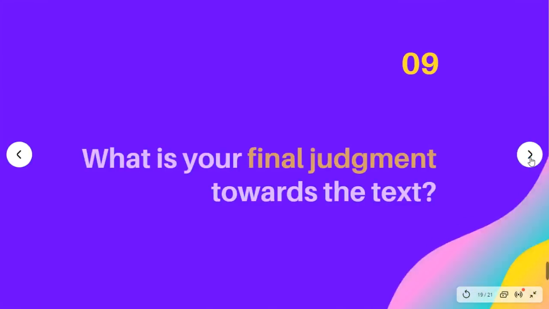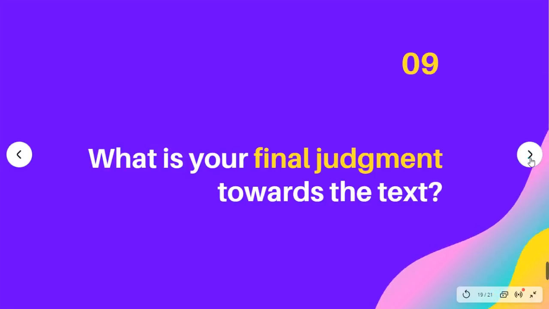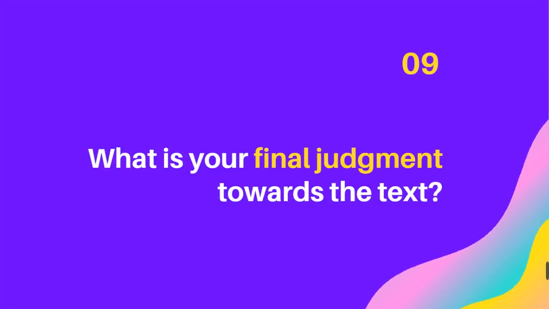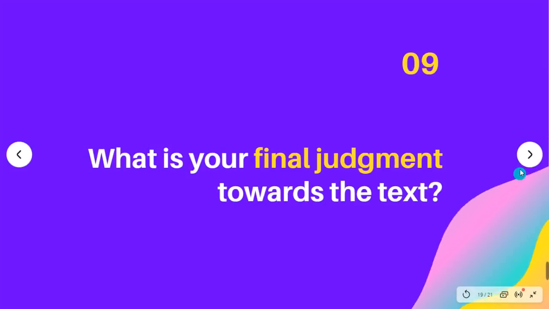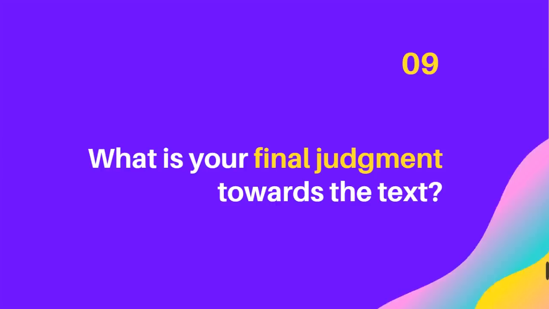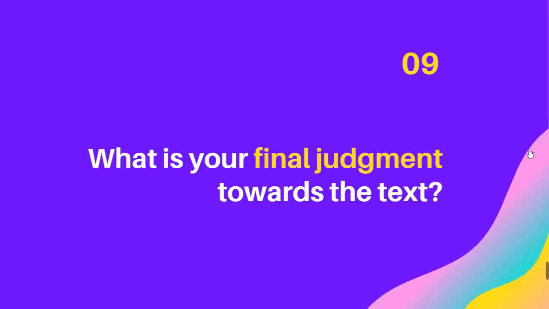The last question is, what is your final judgment towards the text? What is your final opinion about the text after you go through all the questions and answer them? Then you come up with one conclusion about the final judgment.